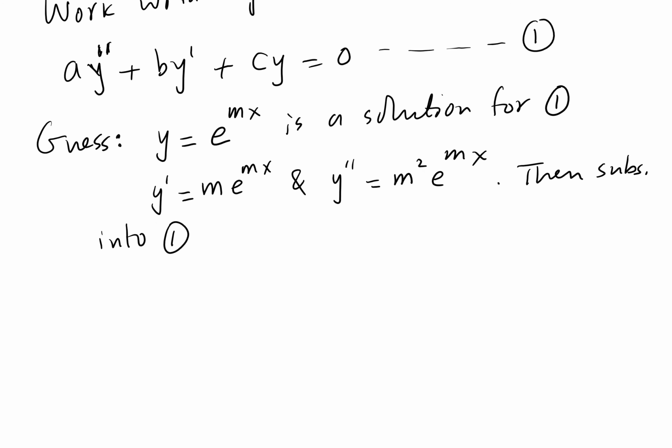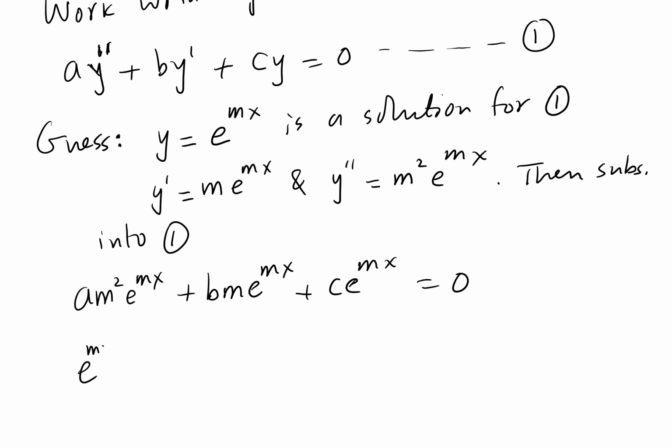What do we get if we substitute? We get a m squared e to the mx plus b m e to the mx plus c e to the mx equals 0. Factor e to the mx out. That will leave a m squared plus b m plus c equals 0.